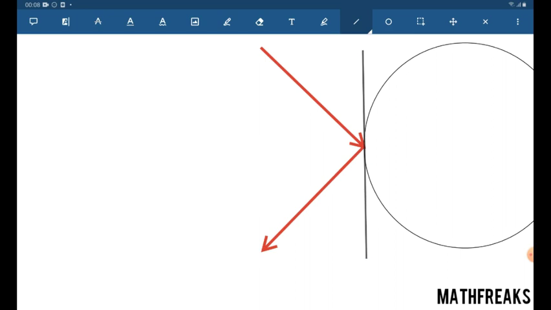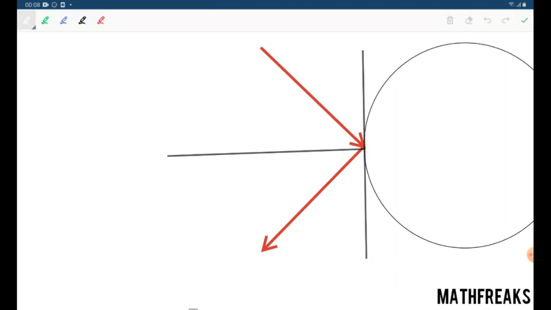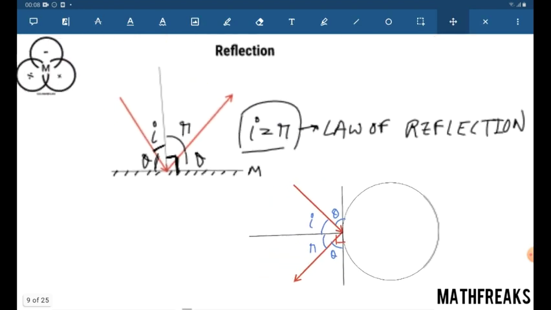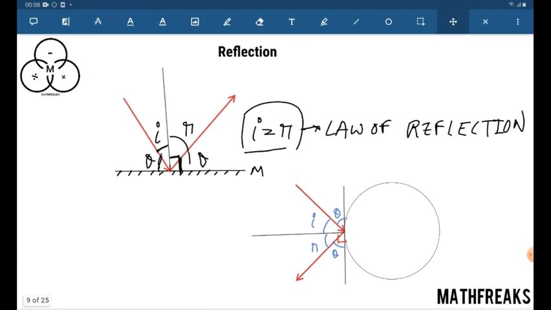From this tangent, draw a normal. And now all the laws are applicable. This is theta, this is theta, this is r, this is I. This is the concept of reflection.